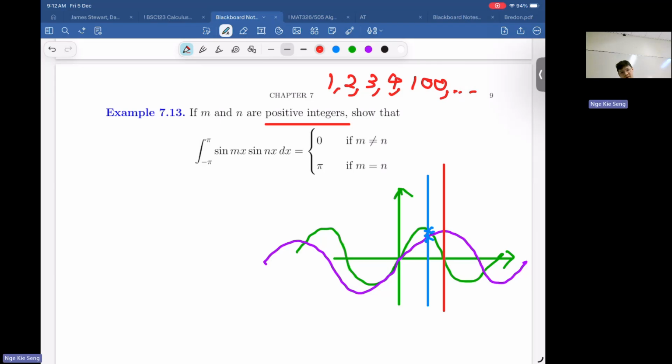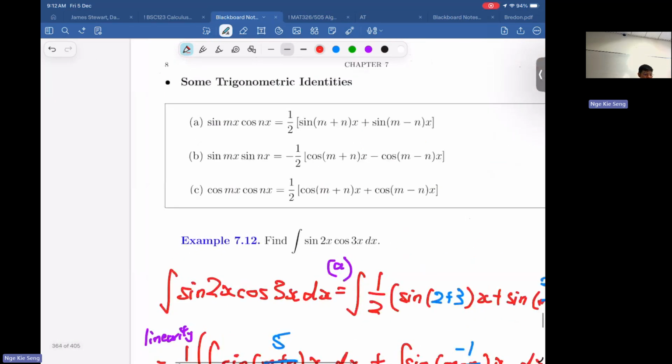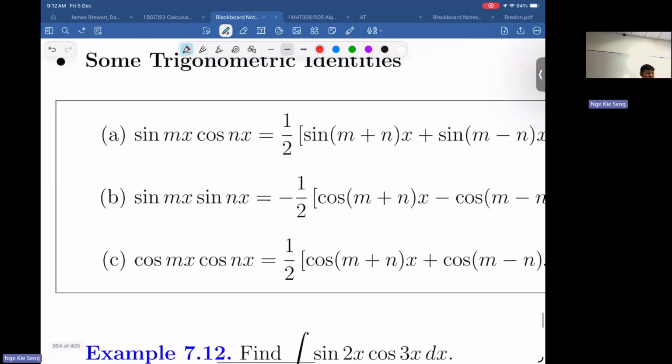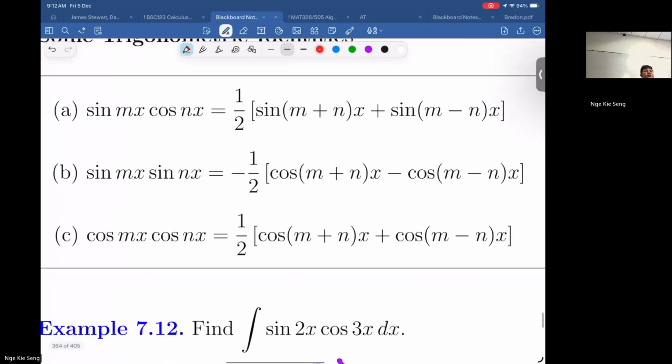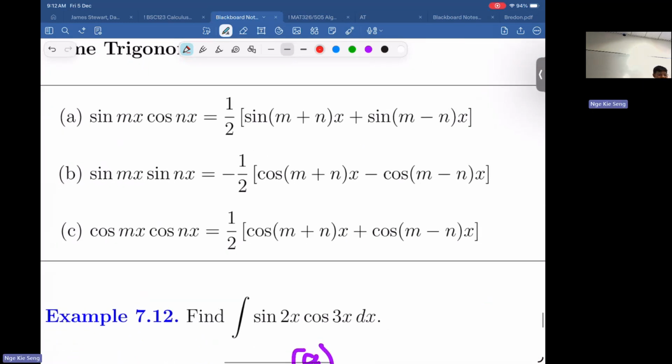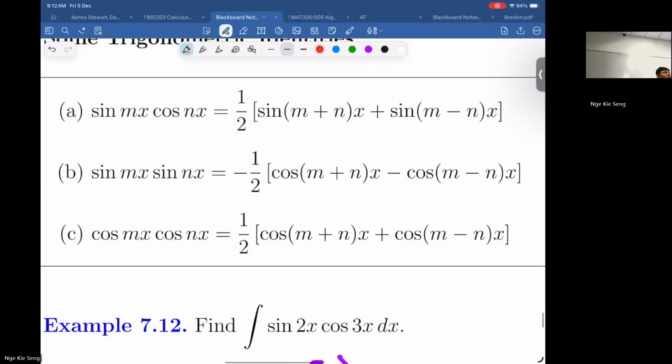All right. So similarly, this is a product of trigonometric functions with different periods, right? So you can use the trigonometric identity. In particular, which one can we use, A, B, or C?